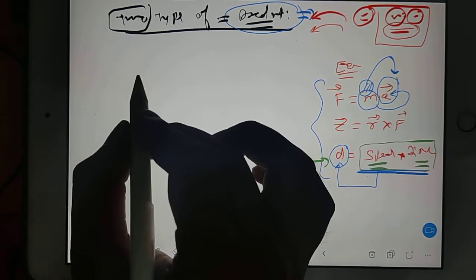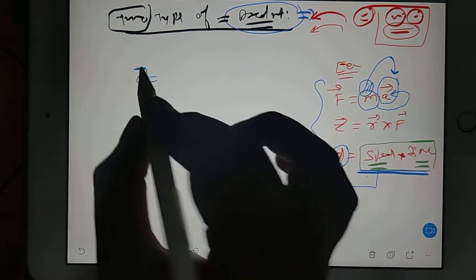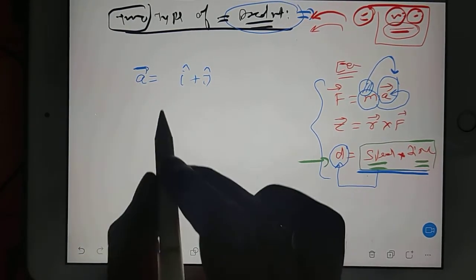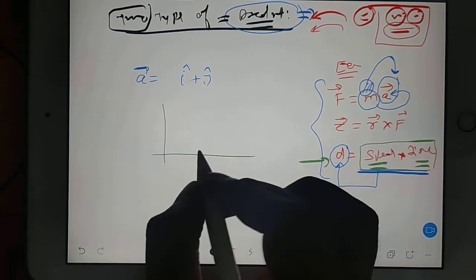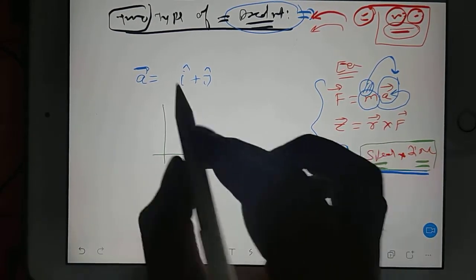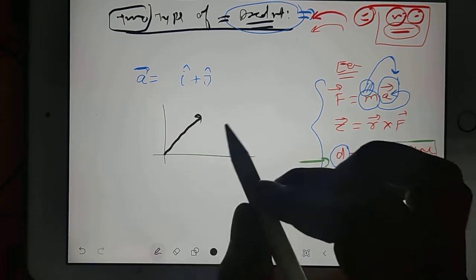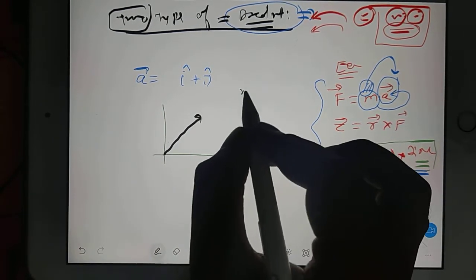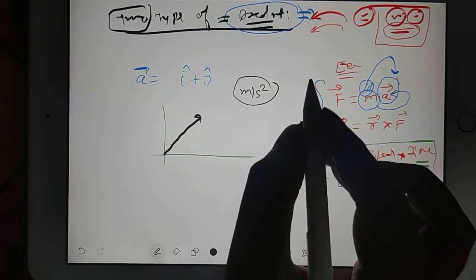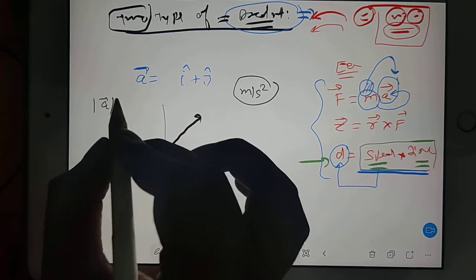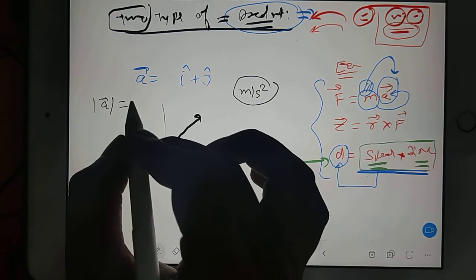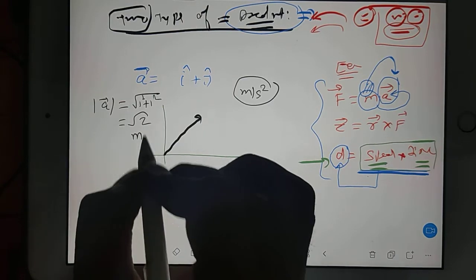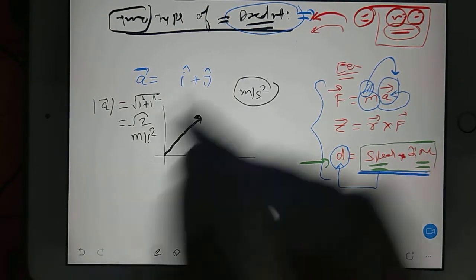For example, if my acceleration is given by i plus j, it means your particle is accelerating exactly in this direction, and with how much magnitude, I mean with how many meters per second square? For that you have to find the magnitude: under root 1 square plus 1 square, that's under root 2, right? So under root 2 meter per second square is the acceleration of the particle.